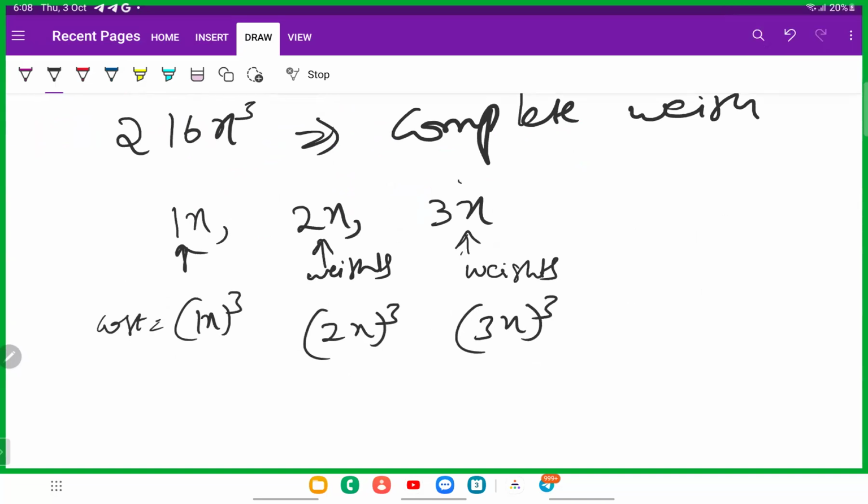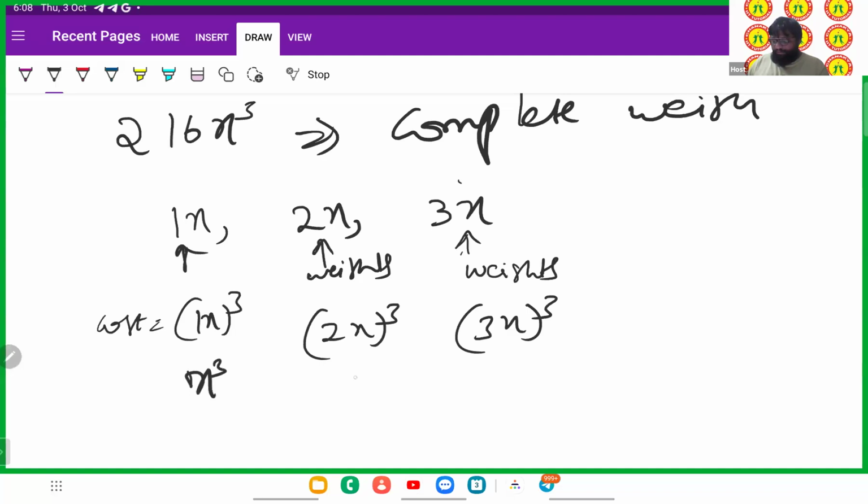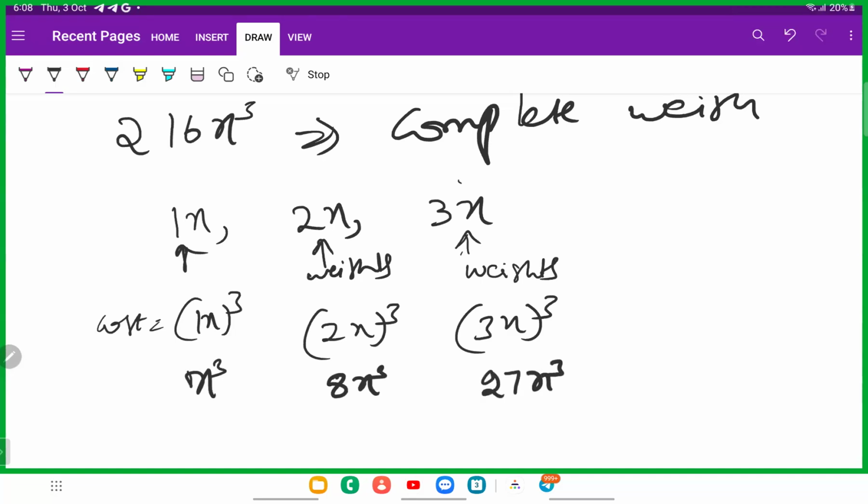Any confusion in this? No. So here what do I get? This is x cube, this is 8x cube, and this is 27x cube. Now these all are broken, correct?